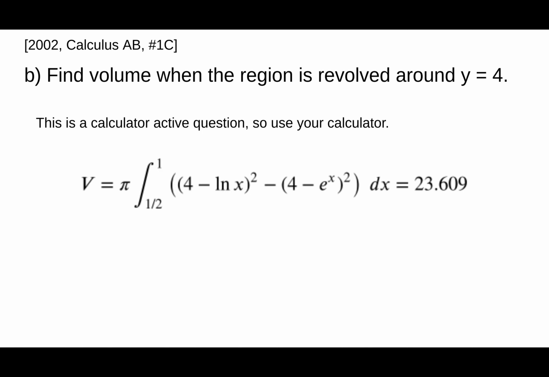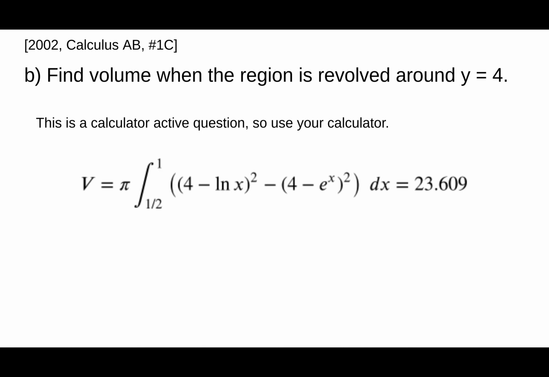Just a reminder, when you use your calculator in a free response question, you do need to clearly communicate to the reader what it is you're asking your calculator to do for you. One of the things they would be expecting is, did the student actually write out the integral? Did you write V equals pi times this big integral before you gave an answer, or did you just write an answer?